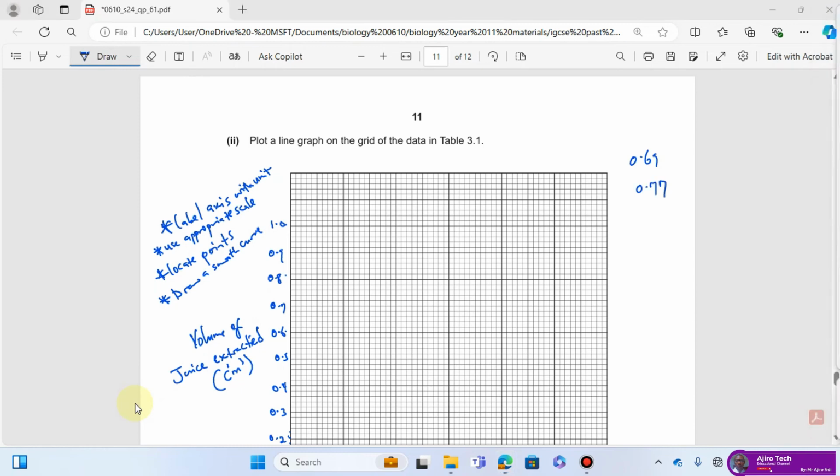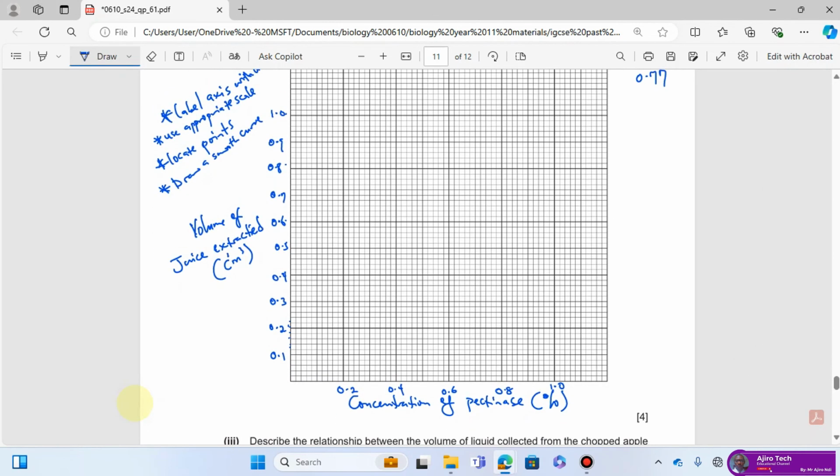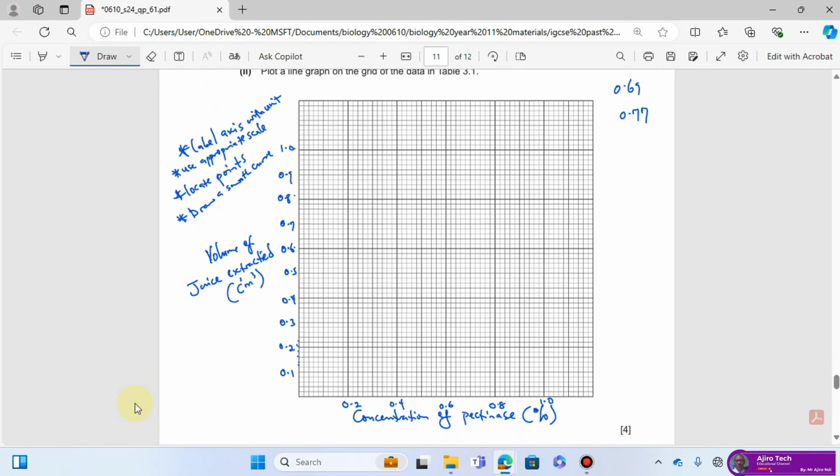Okay, let's go to 0.69. So 0.2 is here, 0.6 is here, 0.69 is just the last box in between. That's 0.69. All right, so that's in between there.